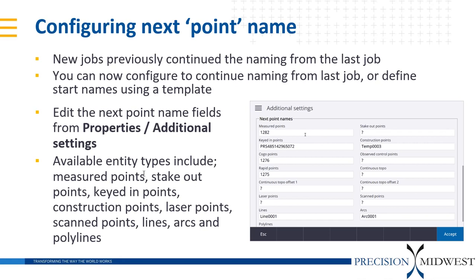But if you switch to topo point, it would go to what you last used in your last job. So it might be 342. Well, typically you might want those to run consecutively. The same way with rapid points, those might change. Those might be set higher. But basically, this is saying that you could set those to what you want now, which is a huge, huge advancement.